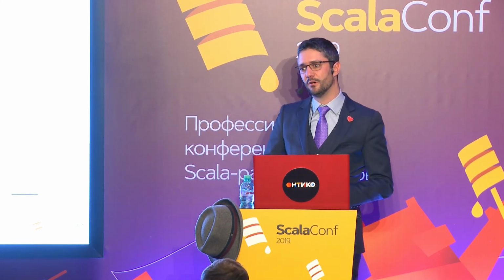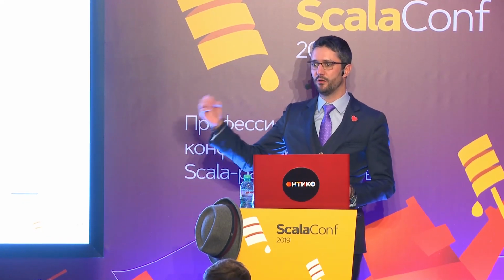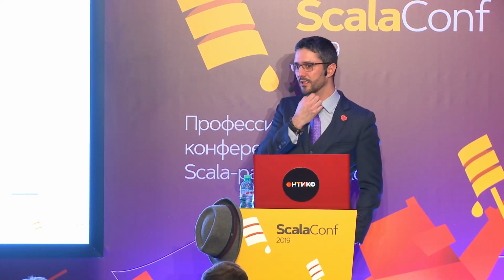The performance of the derived type classes might probably be inferior to what you could have with shapeless because we are going through this intermediate representation. There might be a way to avoid that, but I'm not sure it will work. Maybe it will work better with Scala 3, but with Scala 2 it might have a small impact. But honestly, I cannot tell you how big an impact it will have.